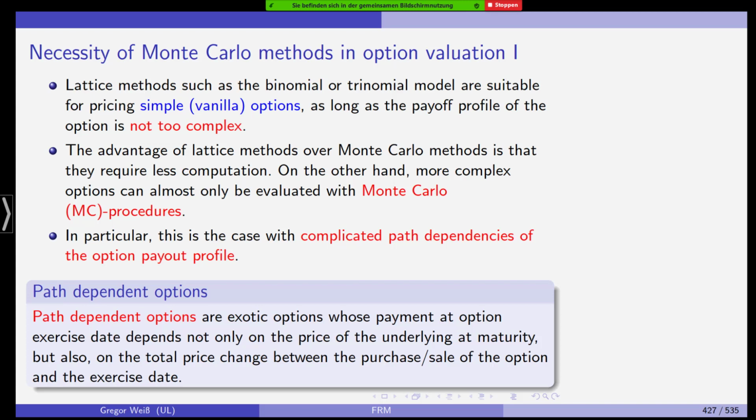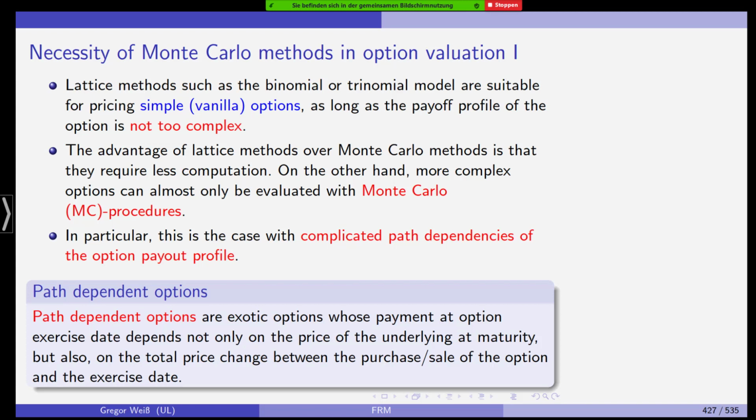Now, the advantage of lattice methods over Monte Carlo methods is that they require less computational effort. On the other hand, Monte Carlo simulation uses computer power, brute force, and simply simulates and then prices the option based on those simulations. This is particularly convenient in the case of so-called path-dependent options.